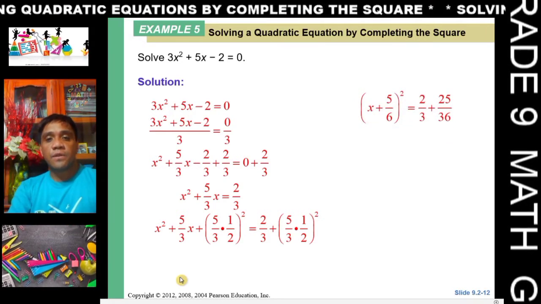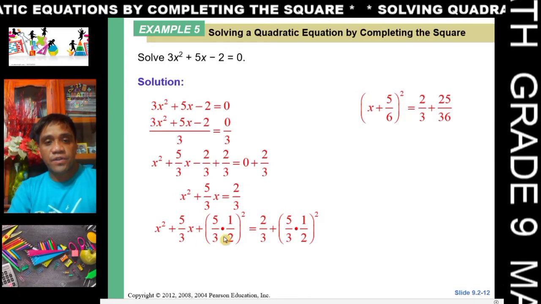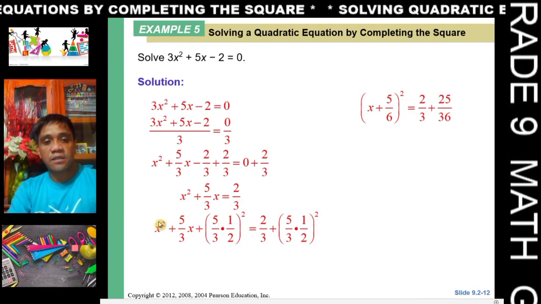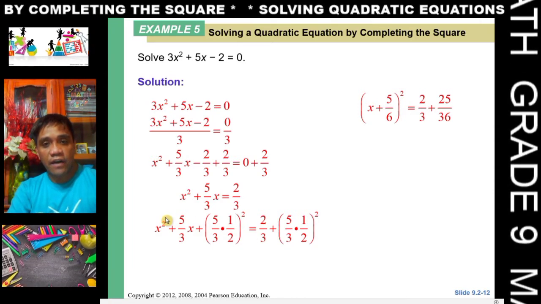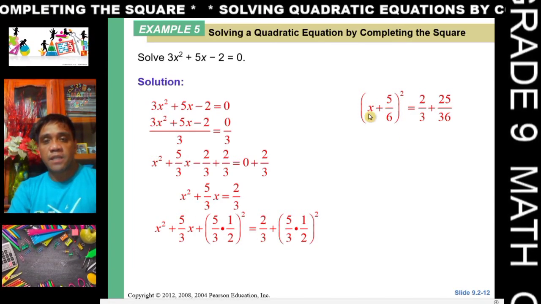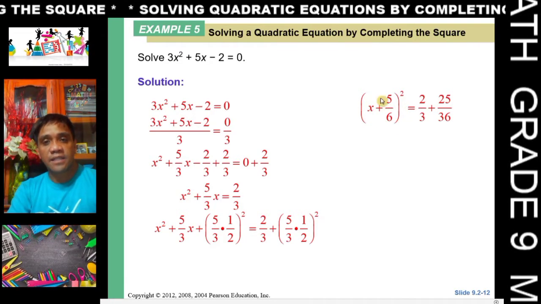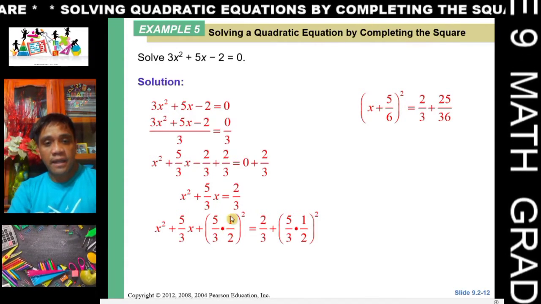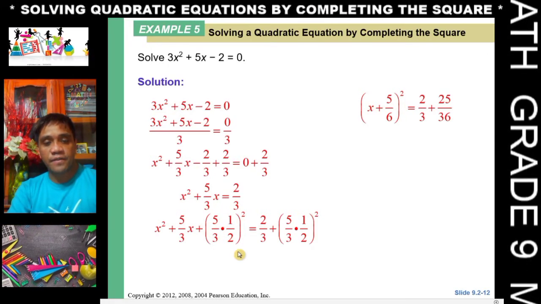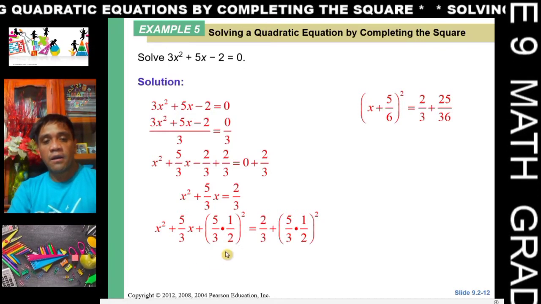Then we know the fact from this. We now consider that this one is a perfect square trinomial, so we now have the quantity x plus 5 over 6 quantity squared. How does it happen? Because 5/3 times 1/2 is 5 over 6.